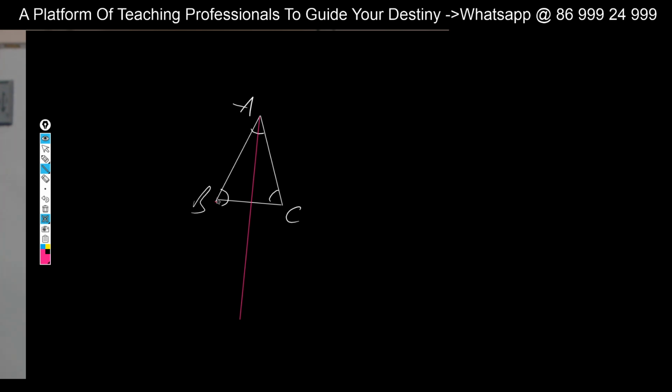Now, this is AB extended. This is AC extended. Okay, now this is the external angle.